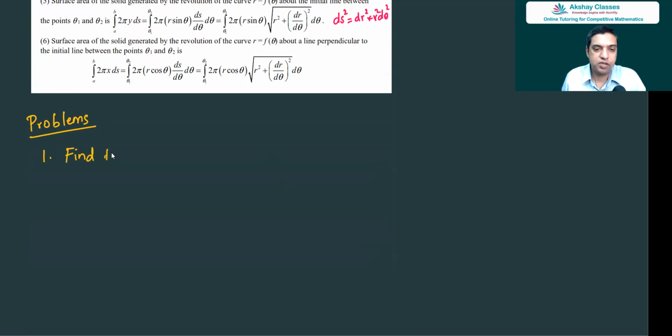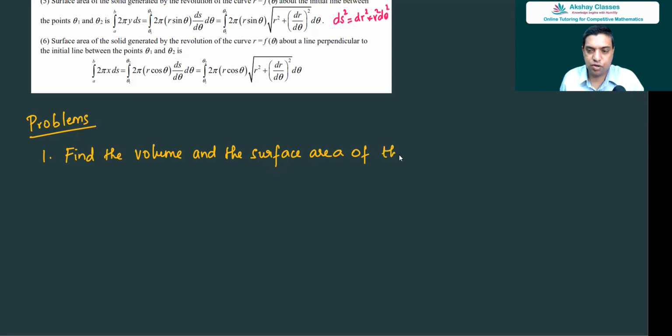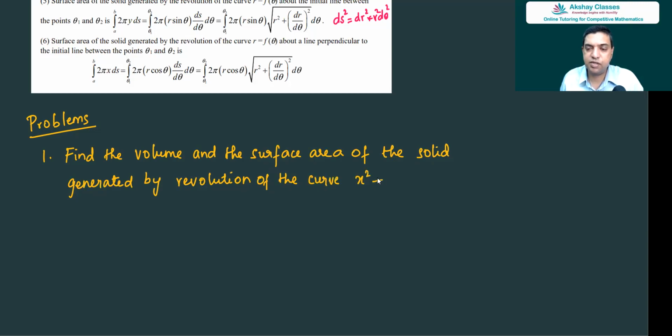Find the volume and the surface area of the solid generated by revolution of the curve x square plus y square equal to a square about the x-axis.